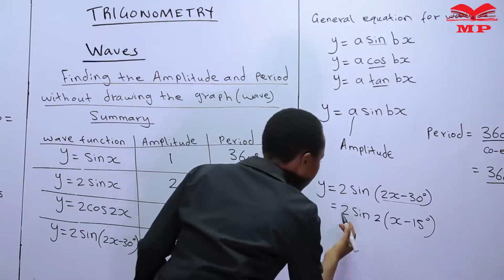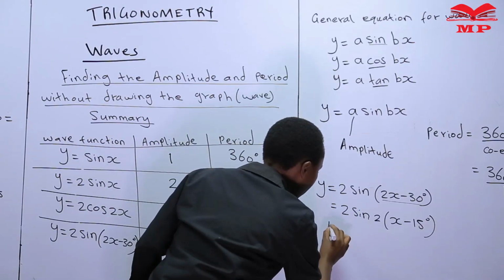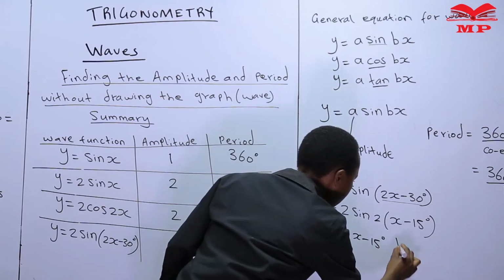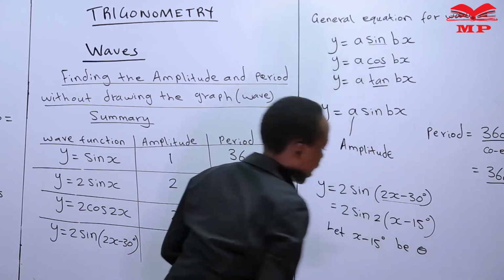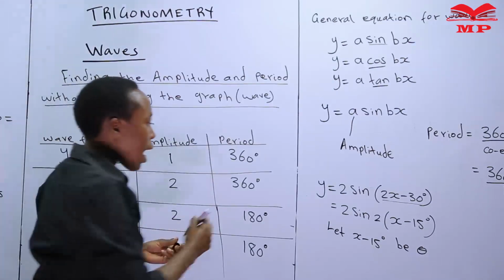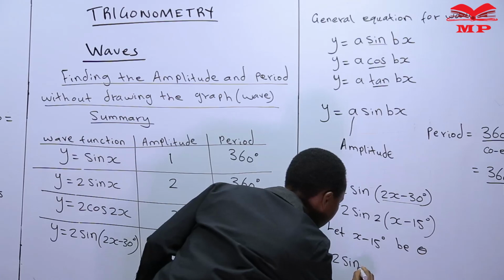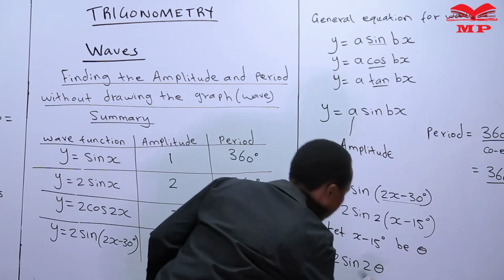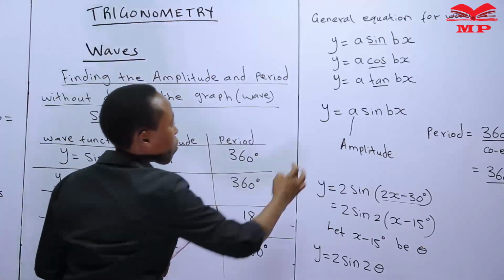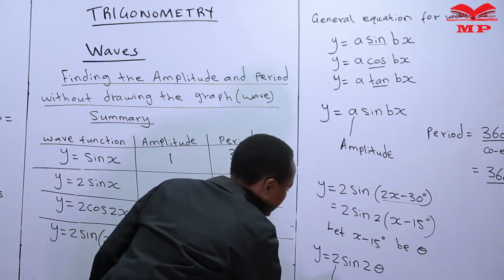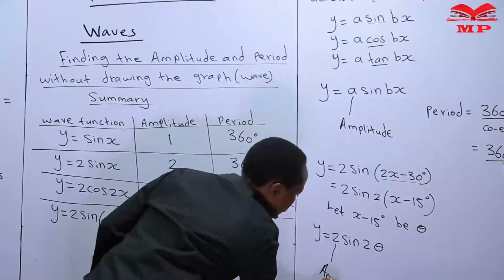So we can say let x minus 15 degrees be theta, because that's our angle, and therefore y will be 2 sine 2 theta. From our general formula, 2 is the amplitude.